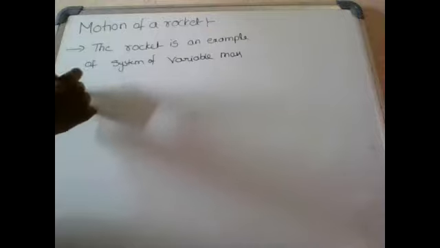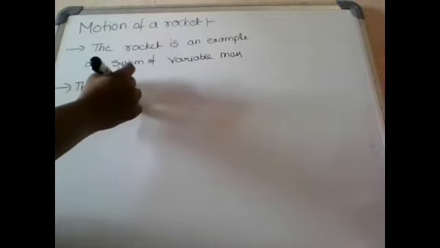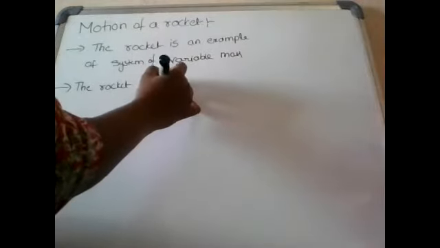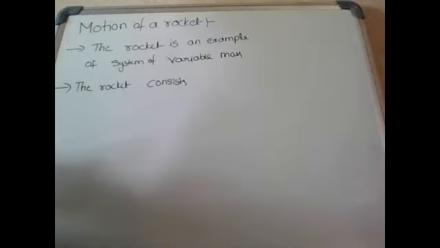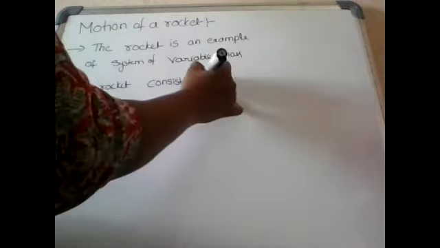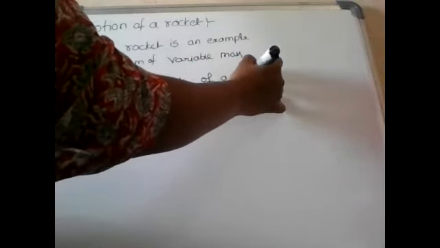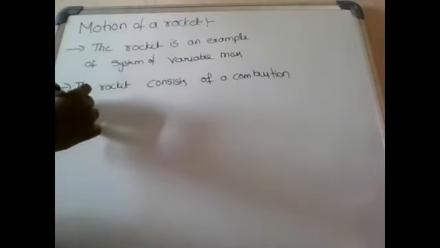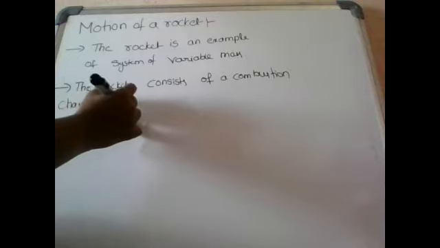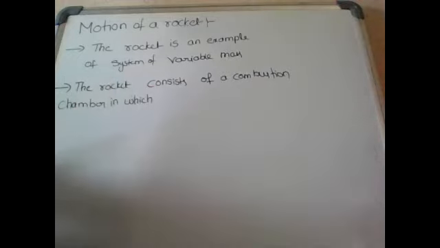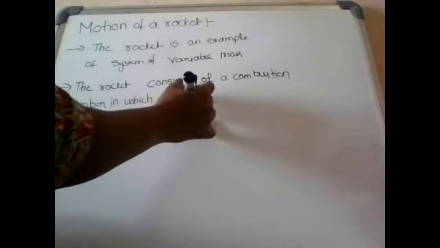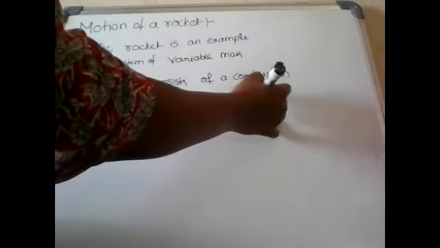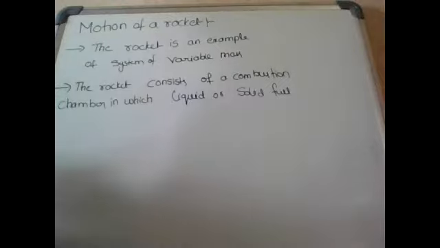Next, the rocket consists of a combustion chamber in which liquid or solid fuel is burnt.